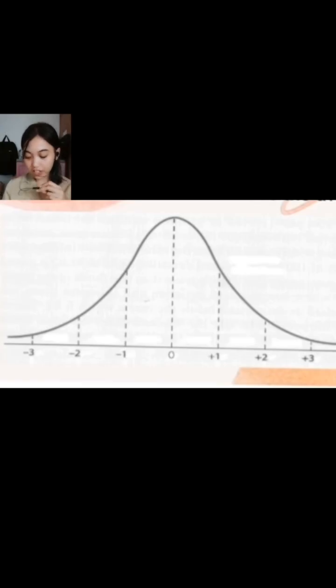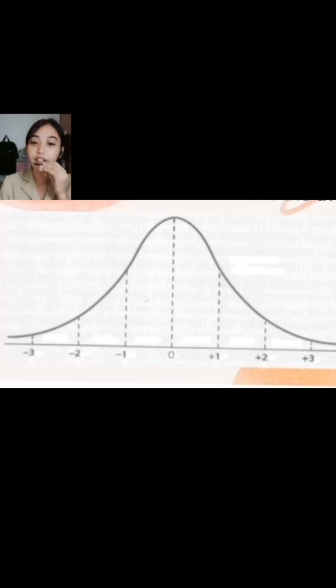The mean, which is 0, is located in the middle. A negative z-score is below the average, while a positive z-value is above the average. If we get a z-score below the mean, it is negative. In the same way, on the other side, if we get a z-score above the mean, it is positive.